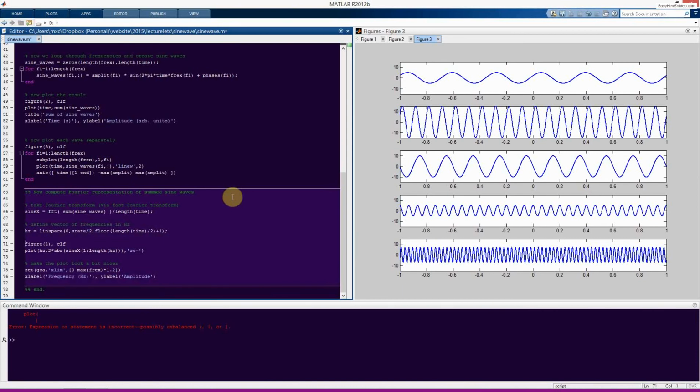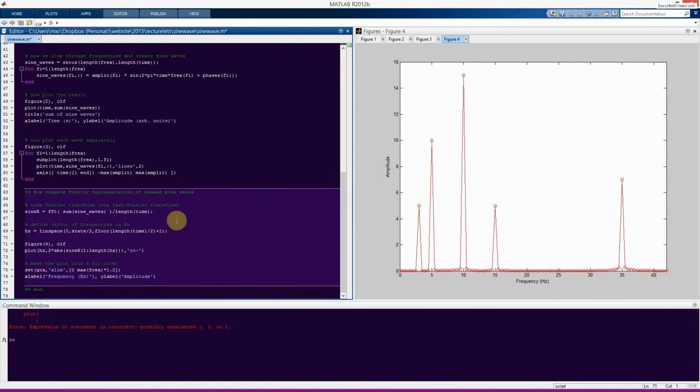I promise that these things will become clear in the future. For now, I just wanted to focus on the idea that we can transform this time domain signal into the frequency domain signal in a fairly straightforward manner.